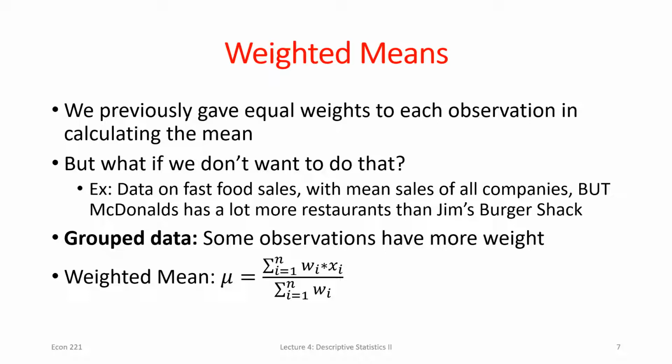So take that state's population, multiply it by that state's average life expectancy, do that for every single state, and then add them all up. Once I've done that, divide by the sum of my weights. So why does this get me a nice weighted mean?